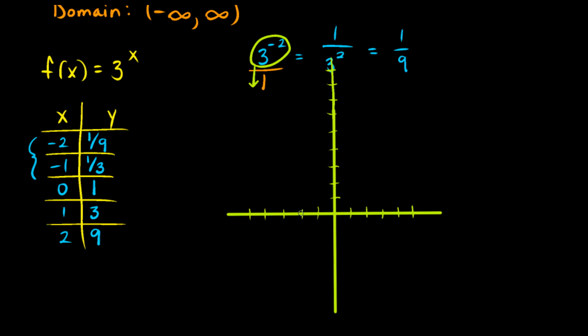So negative 2, 1/9 will be right there. Negative 1, 1/3. 0, 1. 1, 3. And 2, 9, way up here.